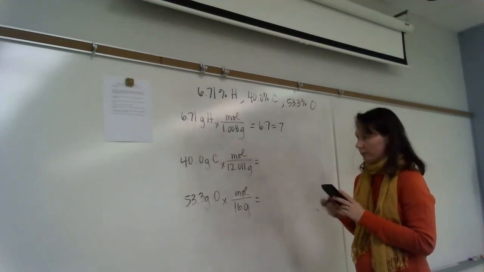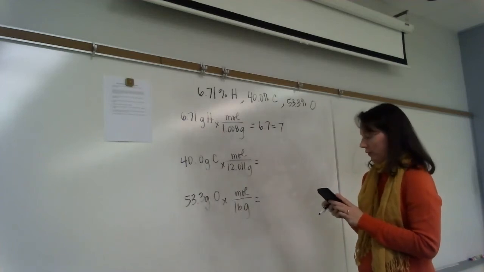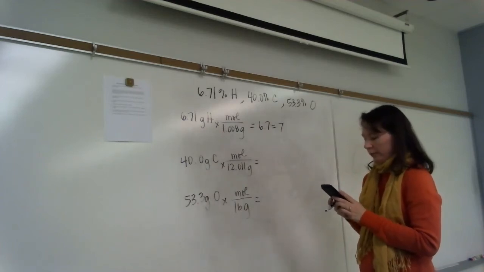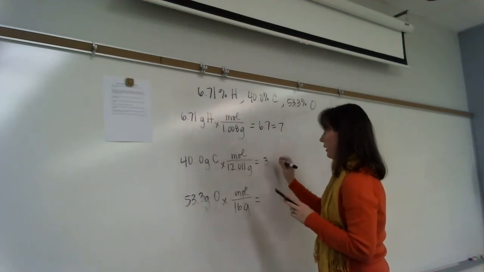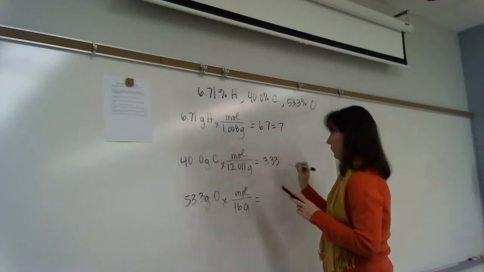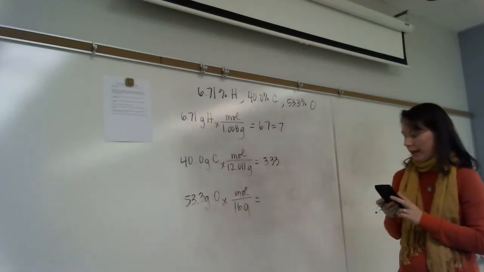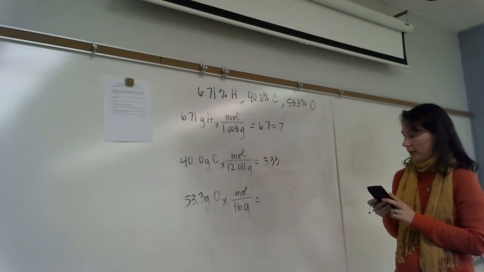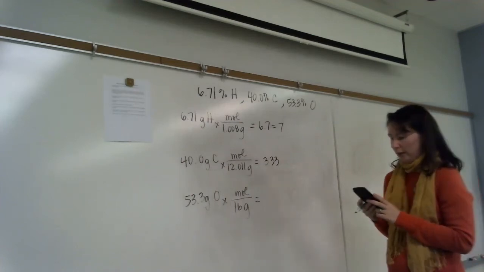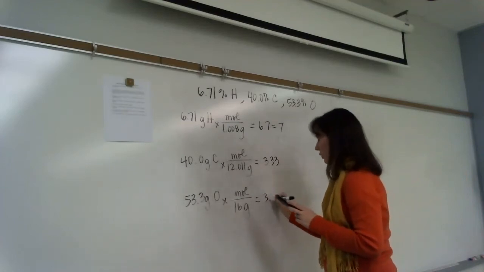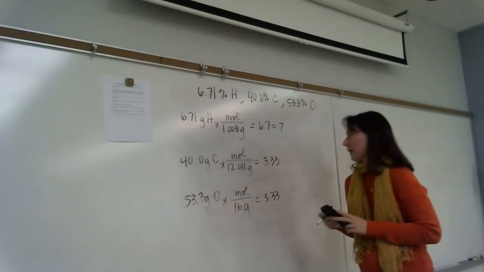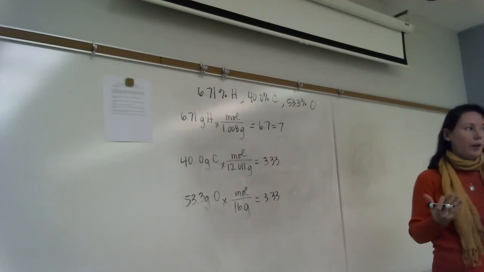So we just round it up. 40 divided by 12.011. That gives me 3.33. Uh-oh, I got a problem. And 53.3 divided by 16 also gives me 3.33.